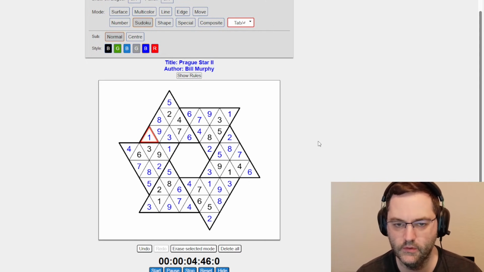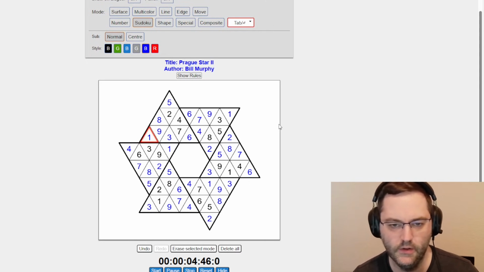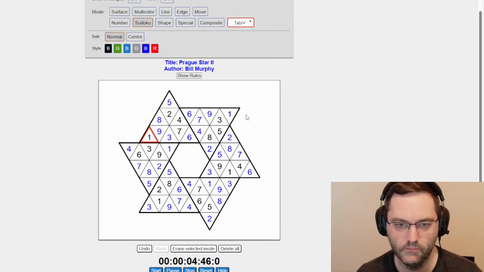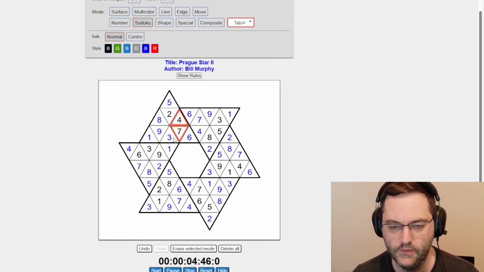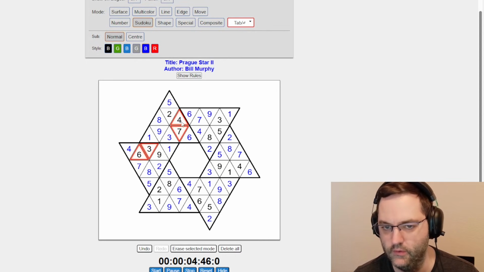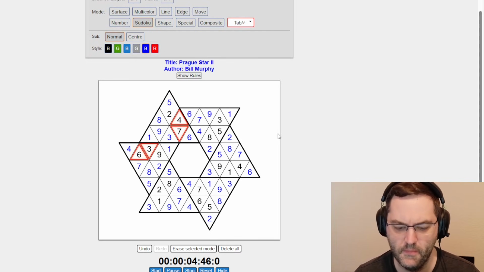Really lovely puzzle. I kind of jumped around in that one to show off some different things, but Bill set it up so that you can do this sort of trick repeatedly, where the 4 and 7 can only go in these 2 cells, the 3 and 6 can only go in these 2 cells. This is actually an application of set.